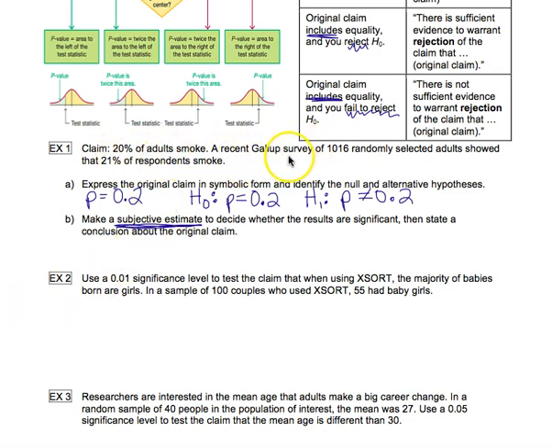And then the additional information is that they surveyed this many people and that the results showed that 21% of respondents smoke. So subjectively, we are trying to decide, well, is 21% close enough to 20% that we might think that this claim could be true?